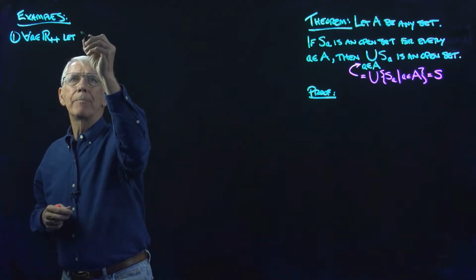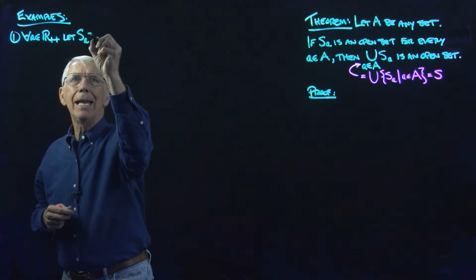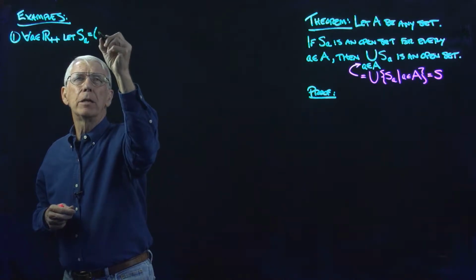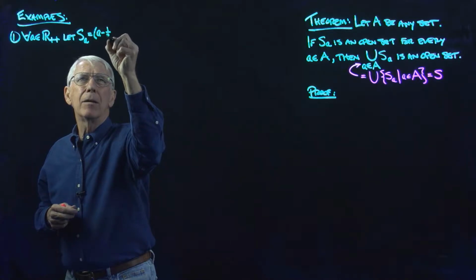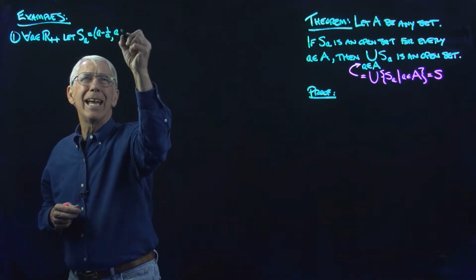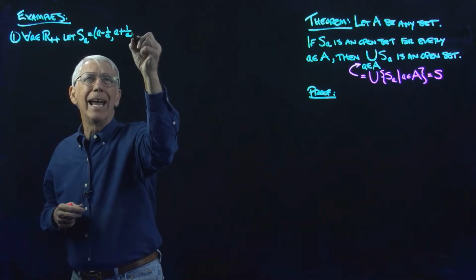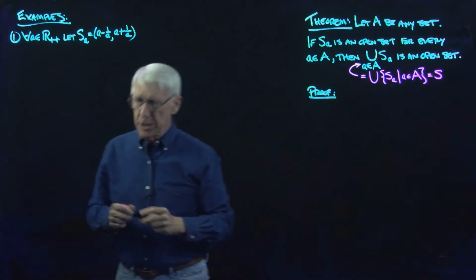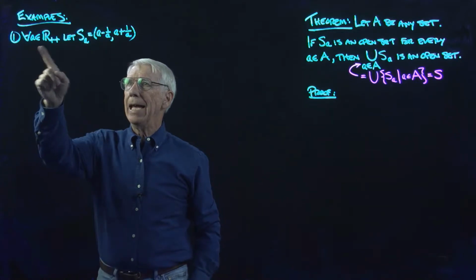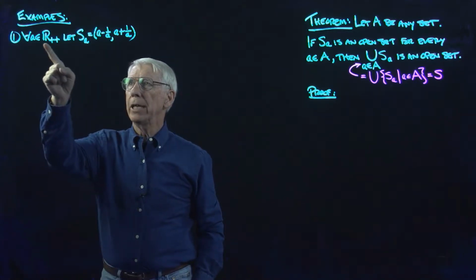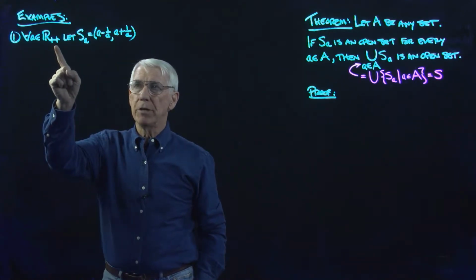Let S sub a be the open interval in R from a minus 1 over a to a plus 1 over a. And so you'll notice, first of all, this is well defined because a can never be 0. I'm only looking at a's that are strictly positive.